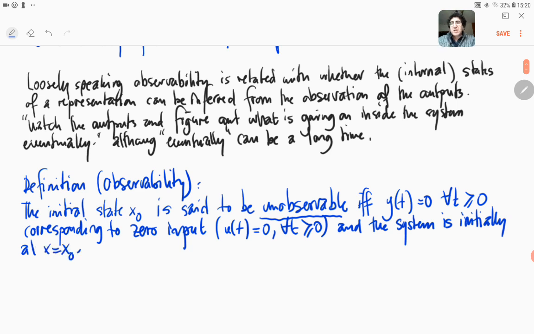So the system starts from this particular initial state.